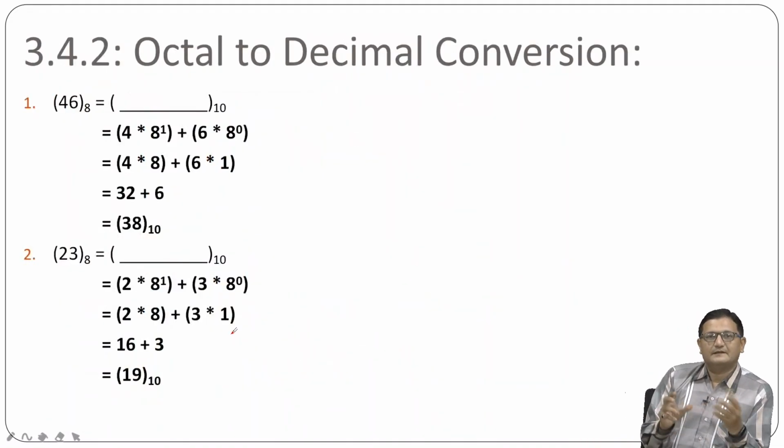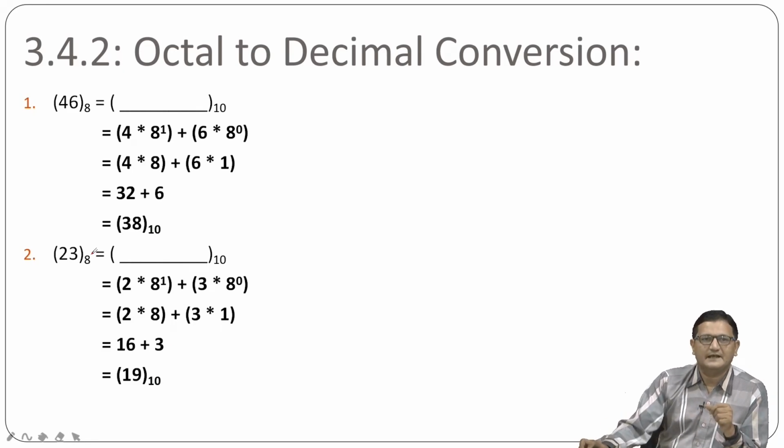Now suppose the reverse thing is there, right? Suppose anybody has given a number, like 46, but here you can see the base is 8, meaning the 46 is given as an octal number. Make sure whenever an octal number is given to you, 8 and 9 will not be there, right? So here the base 8 denotes that 46 is nothing but an octal number.